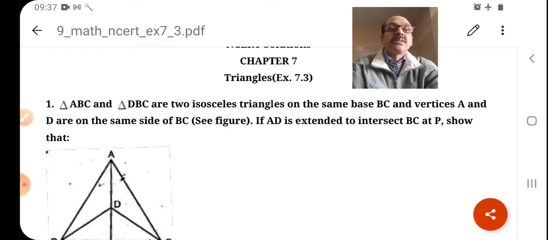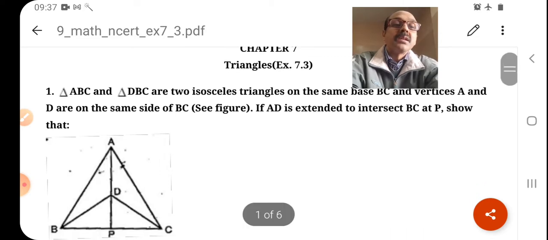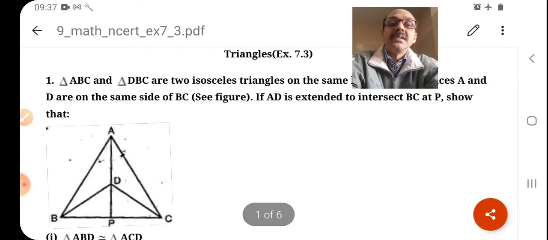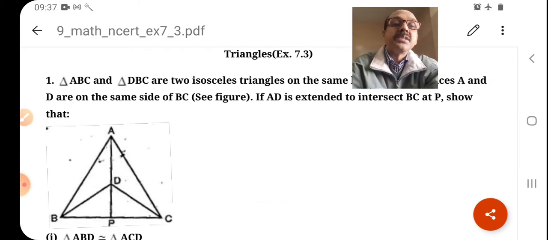Today's topic is Chapter 7 Triangles, Exercise 7.3. So, let's start. First question: triangles ABC and DBC are two isosceles triangles on the same base BC, and vertices A and D are on the same side of BC.